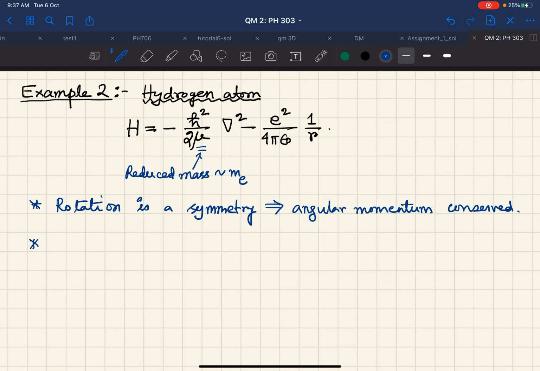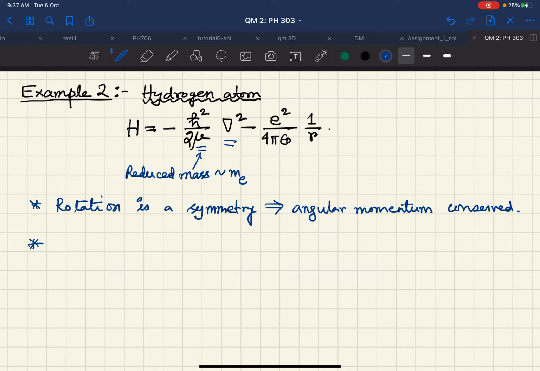The second thing which is important to note is that if we expand this del square operator in spherical polar coordinates, we can see that there should come a non-vanishing angular momentum term which will give rise to a centrifugal barrier.